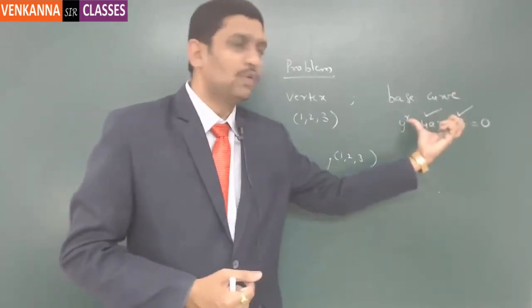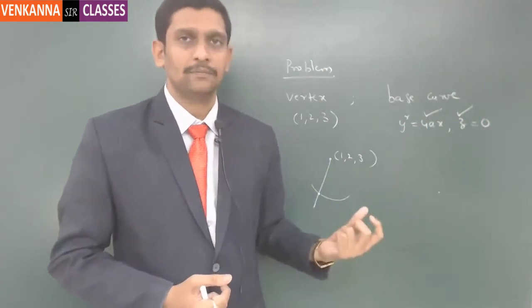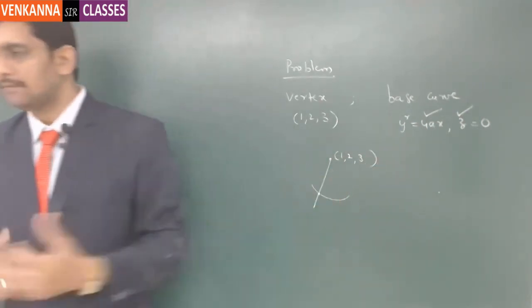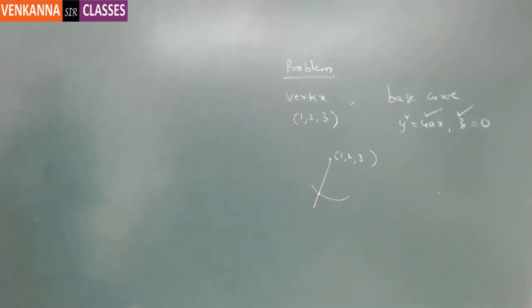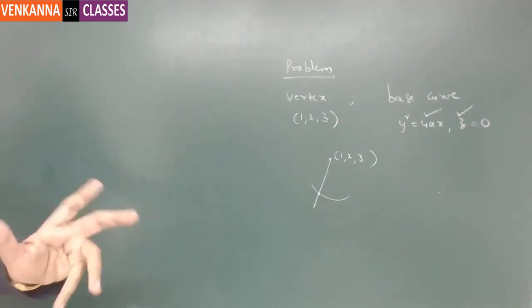So this curve, we are calling it the base curve or the guiding curve. Now how to evaluate the cone equation here, that is the task. Okay. I will describe the procedure. Now you are going to evaluate on your part. Clear? Are you able to visualize that? How we are framing a cone?